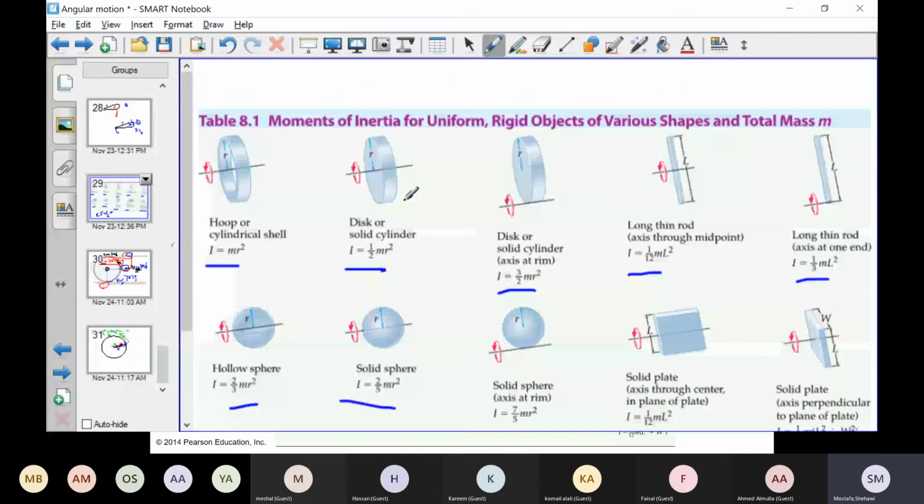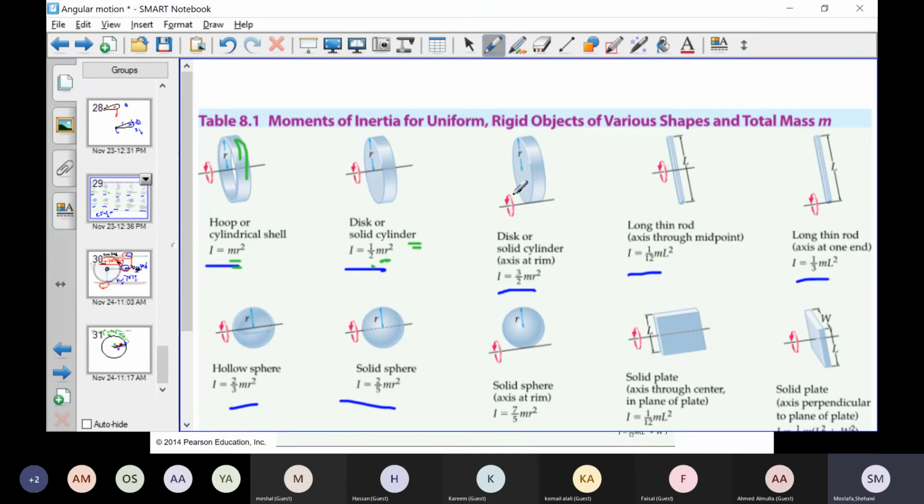If you have a ring like this one, the moment of inertia equals mr squared, exactly like a point mass. The M is the mass of the whole cylinder. If we have a disk or solid cylinder, not a cylinder shell, the moment of inertia will equal half mr squared.